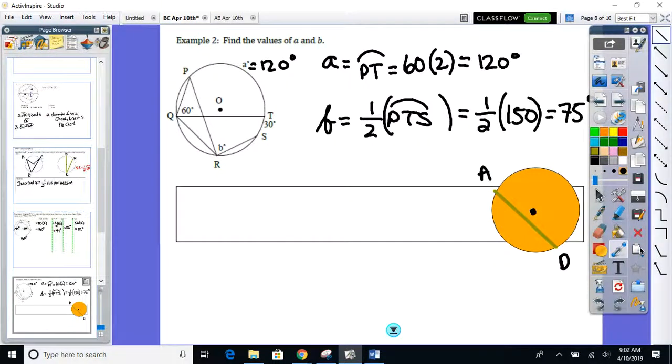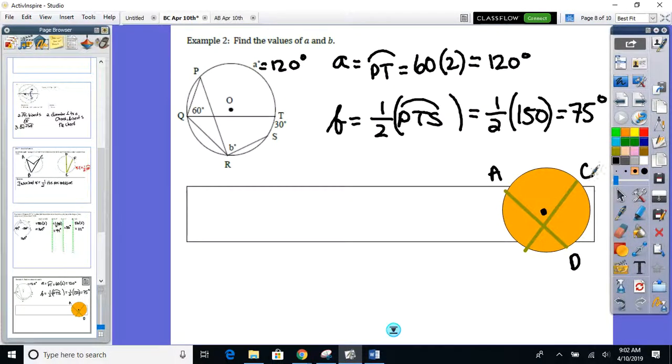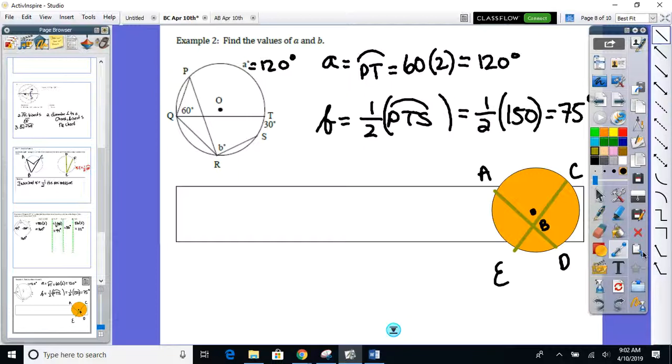And then I would like you to draw in chord CE that intersects AD, and they intersect at point B. And then I'd like you to connect AE and CD together. So you should have something that looks like this.